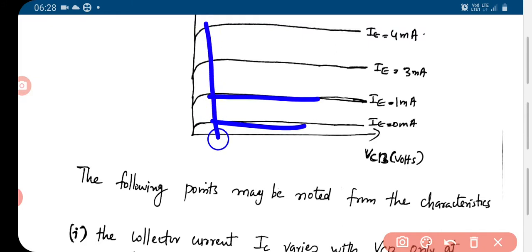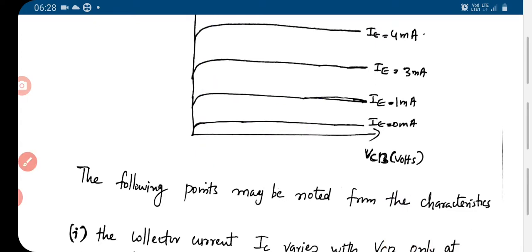This is around 1 volt. Above VCB 1 volt, the collector current is almost a constant.